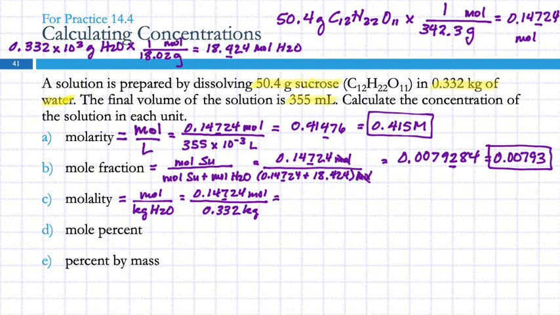So 0.14724 divided by 0.332, we get 0.44349, which is 0.443 molal.